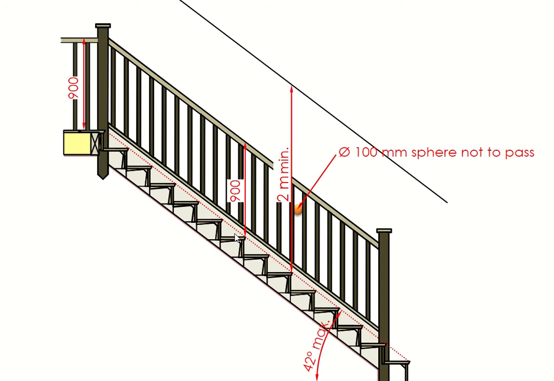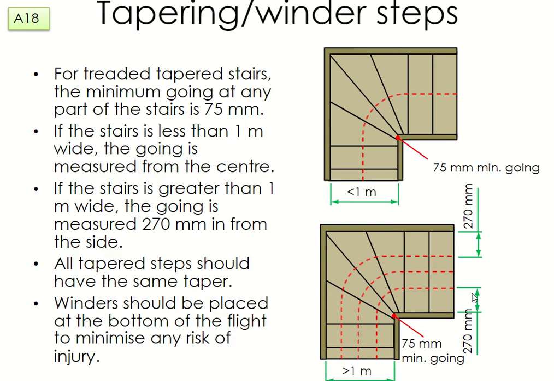Again, 900 millimeters from the step or the pitch line up to the top of the handrail. And there should be at least 2 meters headroom the whole way up. As well as that, the baluster should be close so that an object more than 100 millimeters should not pass through. That's a safety regulation.